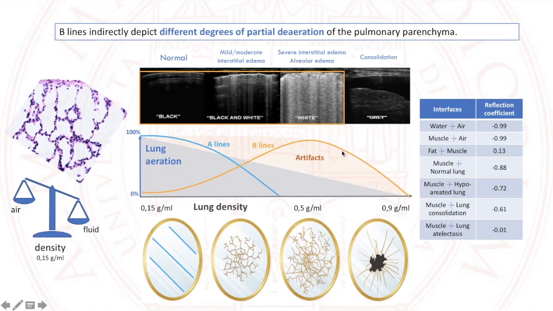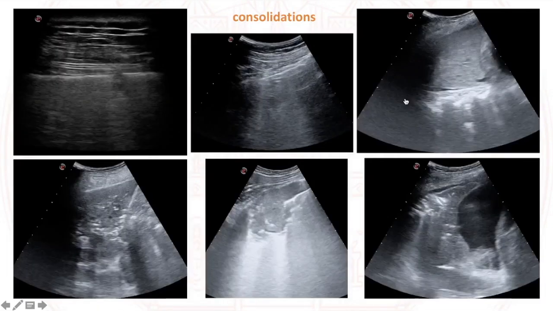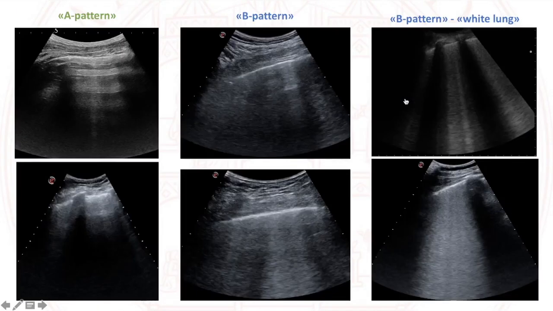But what if the lung still loses some air and increases its density? Then the reflection coefficient could be so low that the mirror could crack and we could see what's behind it. In this picture you see some pleural effusion, and then this tissue, which is totally like liver tissue. This is what is called a consolidation.